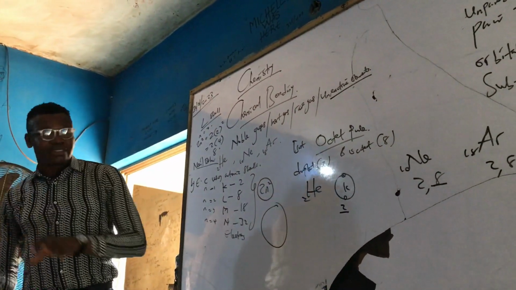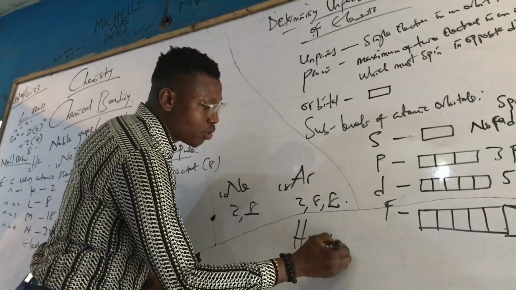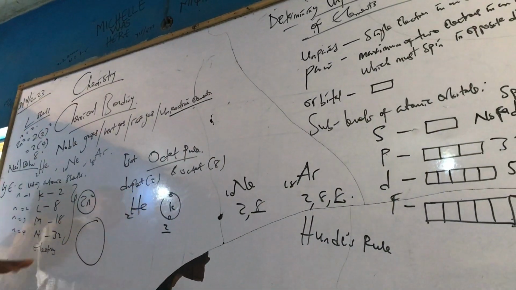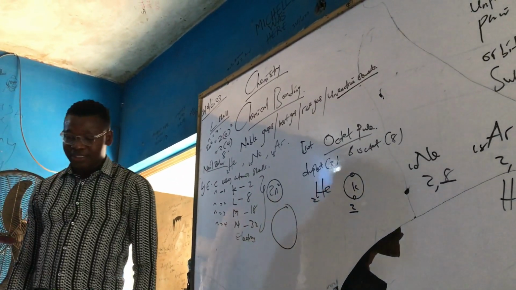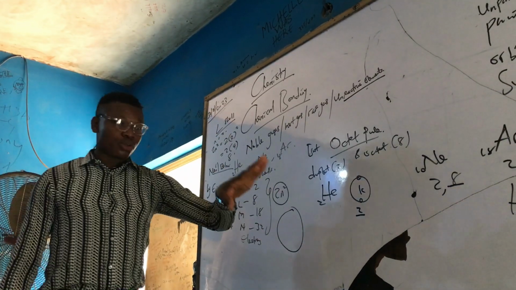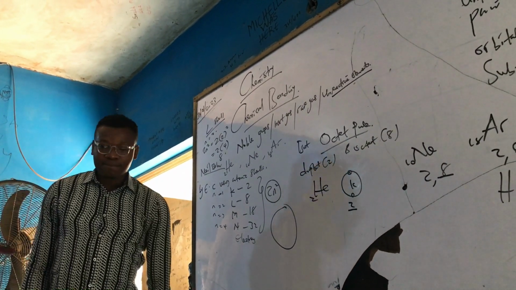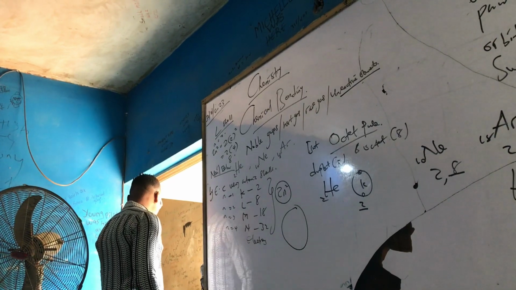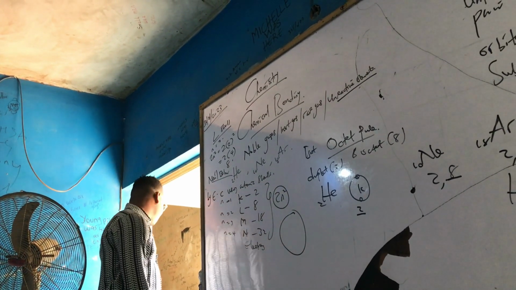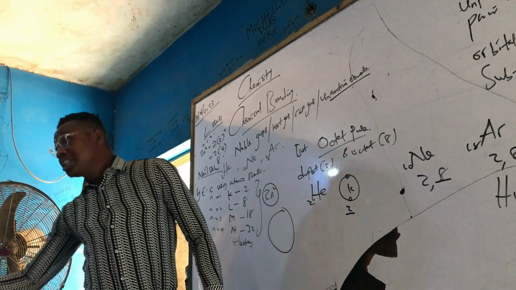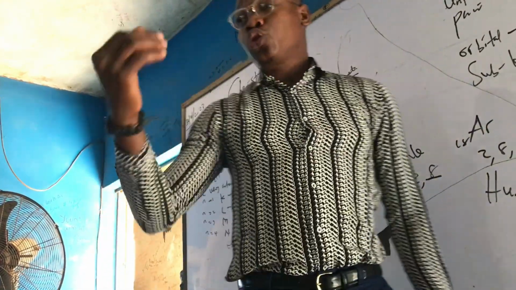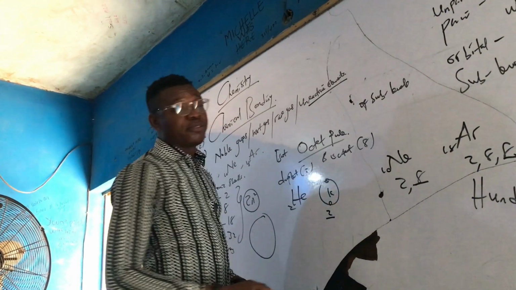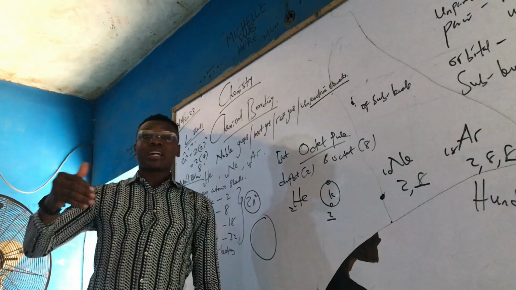Now let's write. According to Hund's rule of maximum multiplicity, it states that electrons go into degenerate orbitals of sublevels singly.